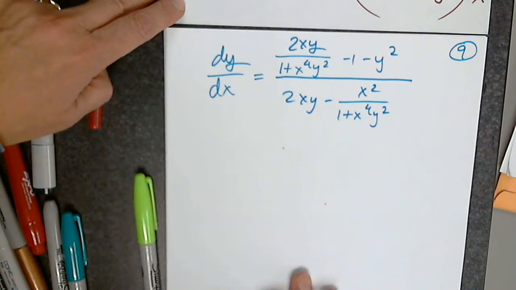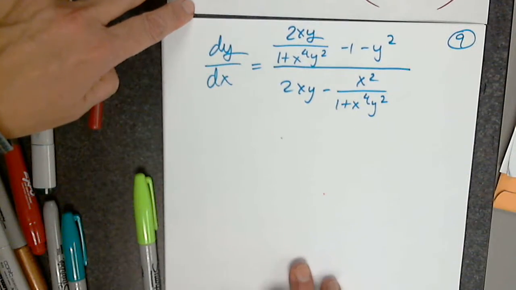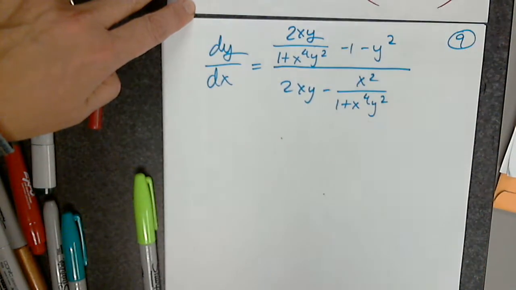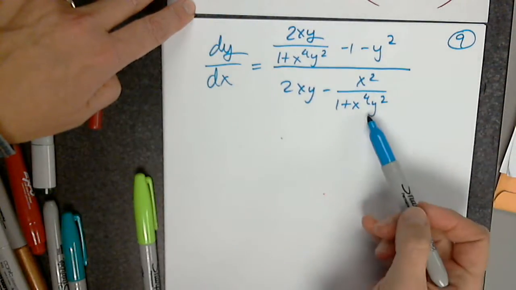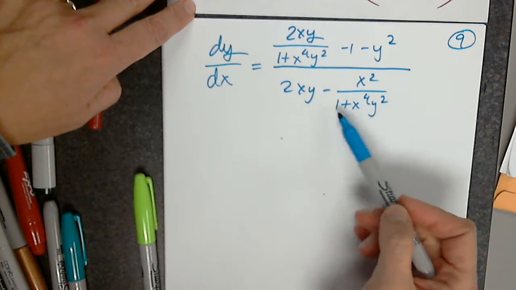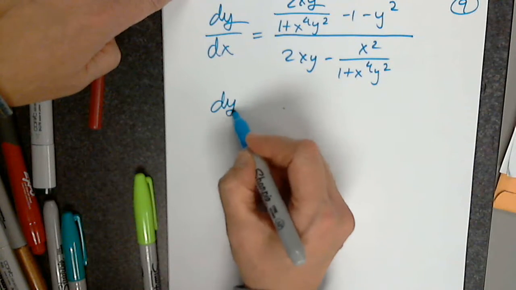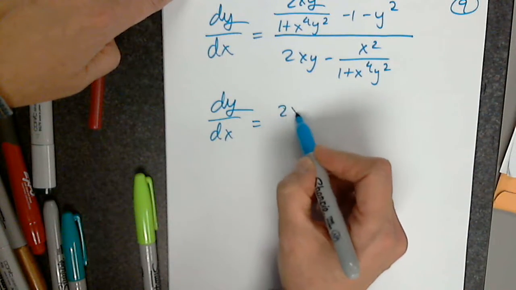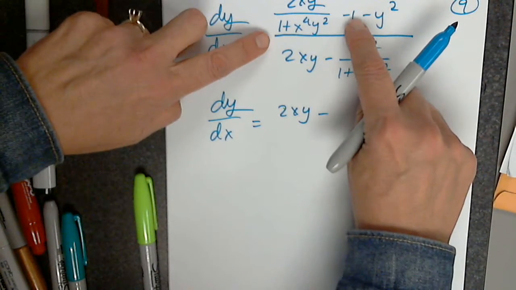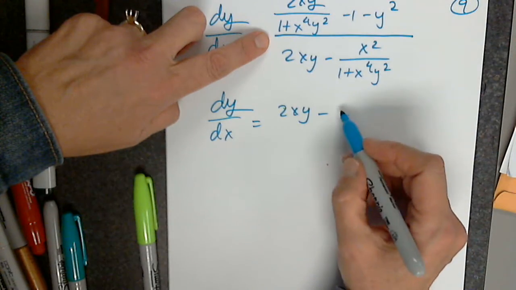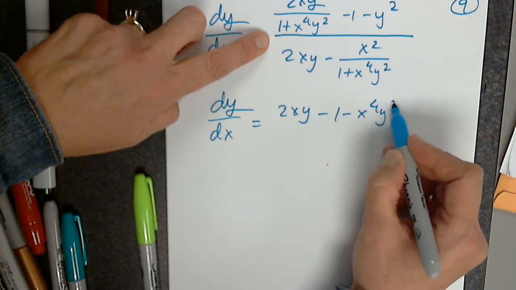This rings a bell, and I think we did this problem, but maybe not. I can simplify by multiplying both sides, the top and bottom, by this and eliminate it. So dy over dx is 2xy minus, when I multiply negative 1 by these, I get negative 1 minus x to the fourth y squared.